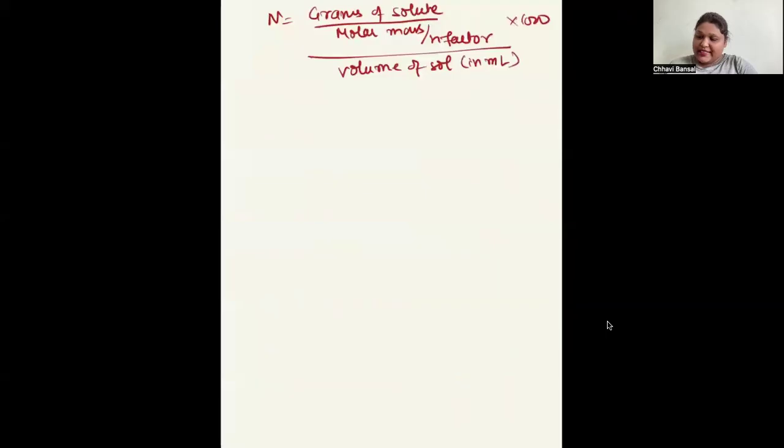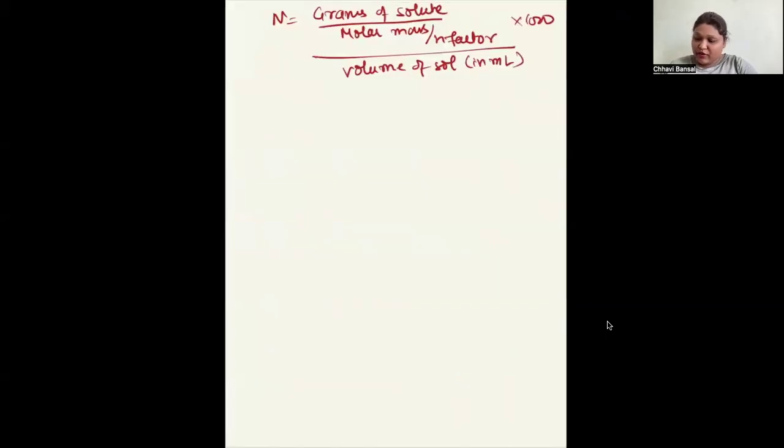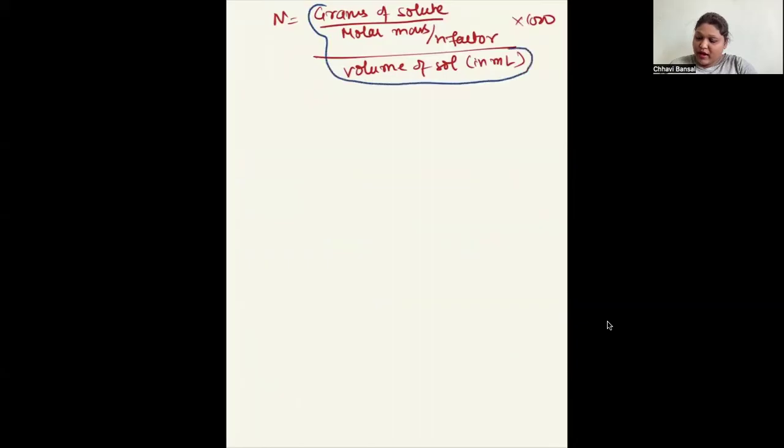Now, if you observe clearly, everything other than this n factor gives the number of moles divided by volume into 1000, which is molarity, right? So normality is nothing but molarity into n factor.